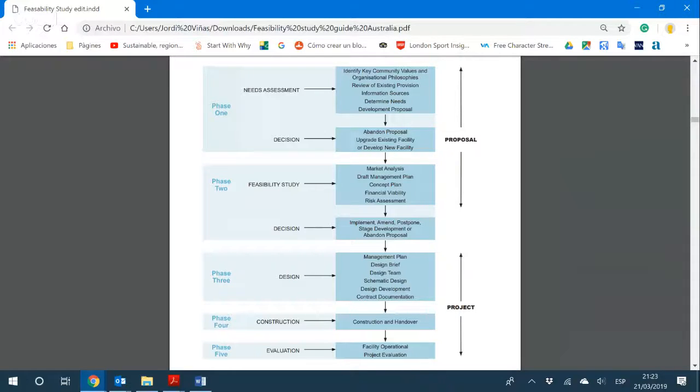Let me give you my opinion. My opinion is that it is a very interesting document, very well done. I'm no one to criticize this document, but probably what I'm missing here would be a kind of phase 0, before even the needs assessment, to identify the objectives of public administration when considering designing and building a sports facility.